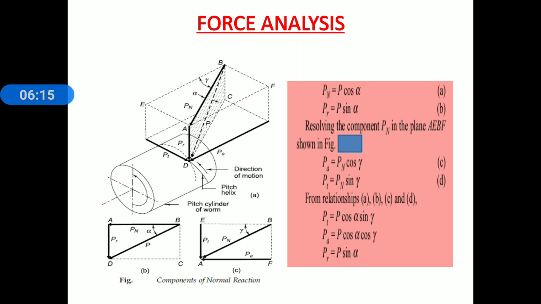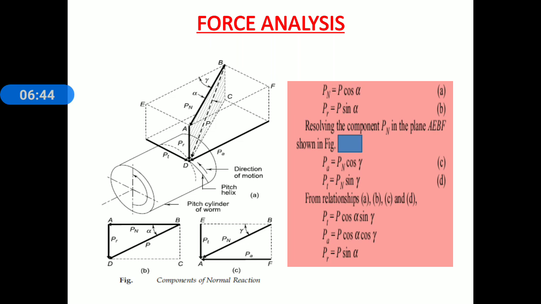Here, resolve the normal reaction P in the plane ABCD. Now here we consider figure B, and from figure B, cos alpha is equal to adjacent side to the hypotenuse. Adjacent side is Pn and hypotenuse is P, and therefore cos alpha is equal to Pn divided by P, and therefore Pn is equal to P into cos alpha.